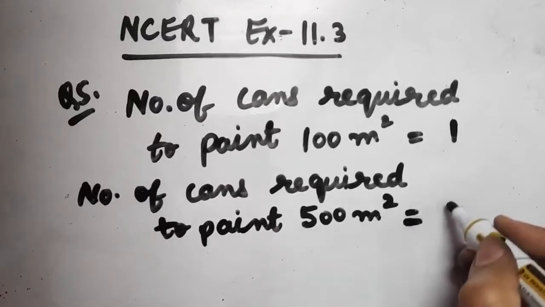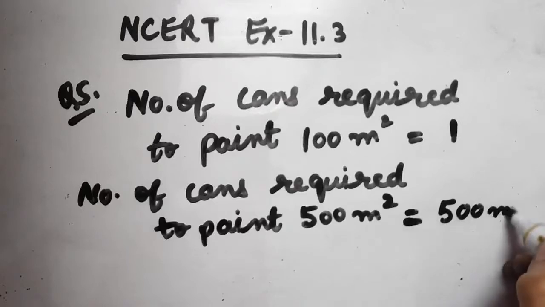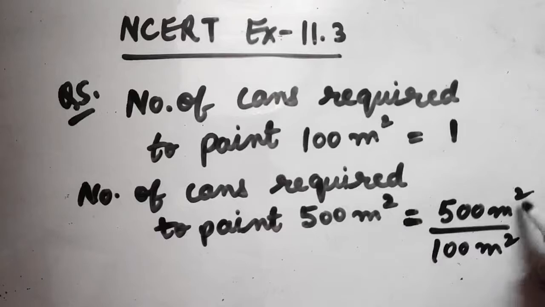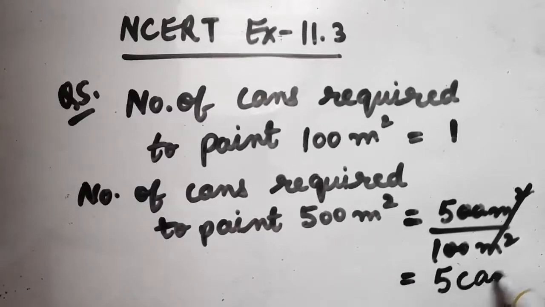It will be given by 500 meter square divided by 100 meter square. So these two get cancelled out. So number of cans required to paint 500 meter square is equal to 5. So 5 cans are required to paint 500 meter square area.